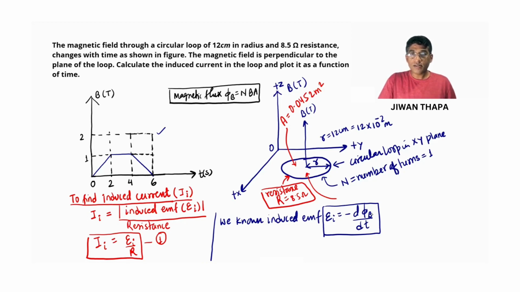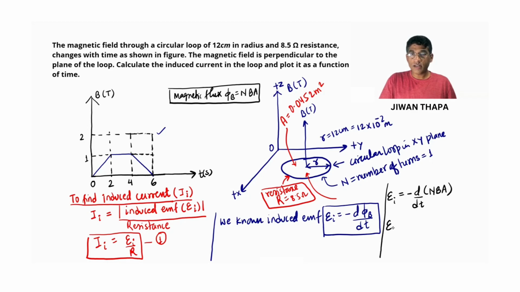Therefore, we can write induced EMF equals minus d by dt of n B A, and n is 1 for this circular loop.